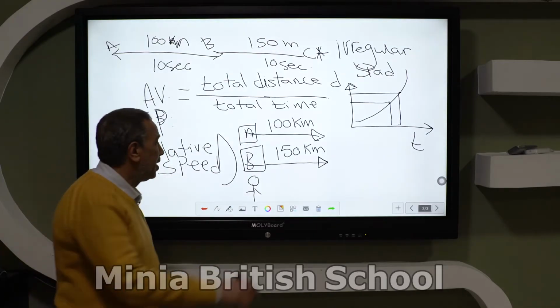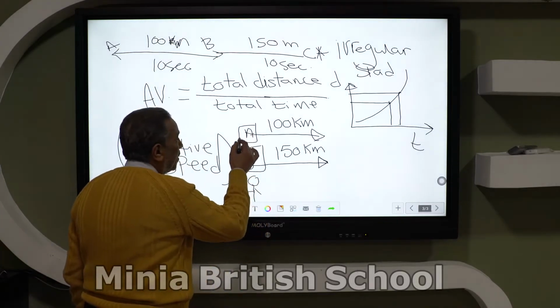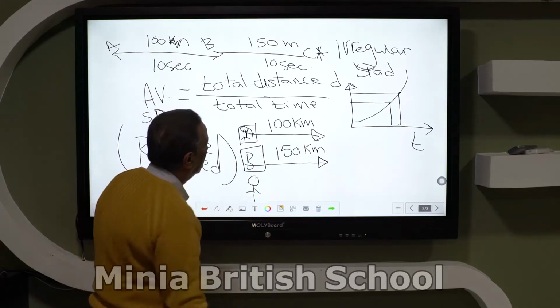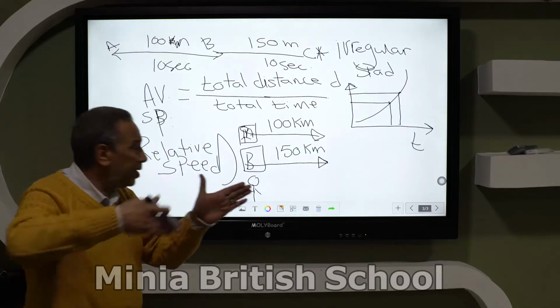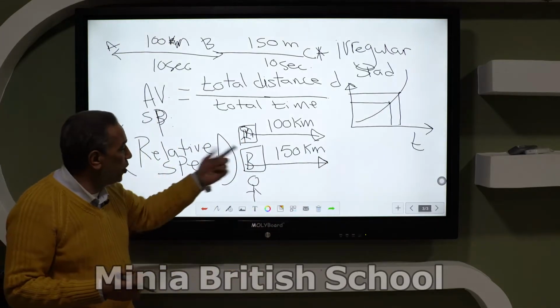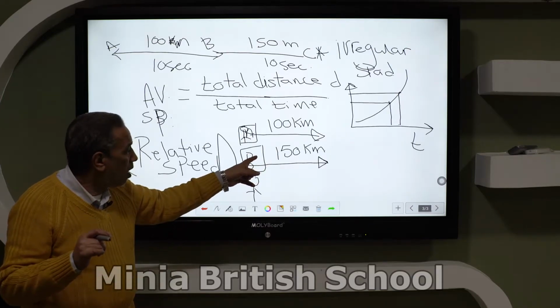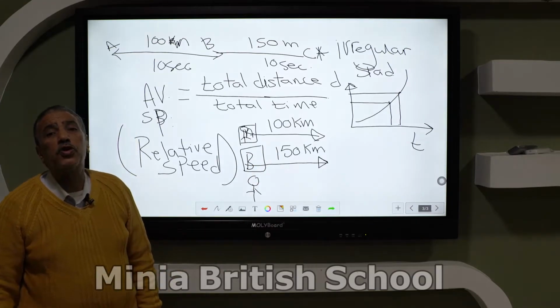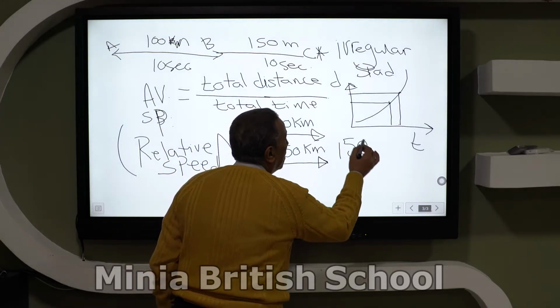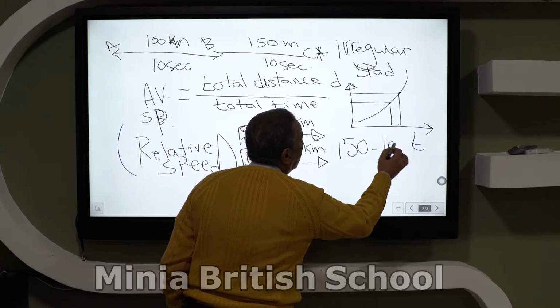What will happen if this observer is put inside the slower car, and then car B is moving beside it? He will see the speed of the second car as the subtraction of them, 150 minus 100.